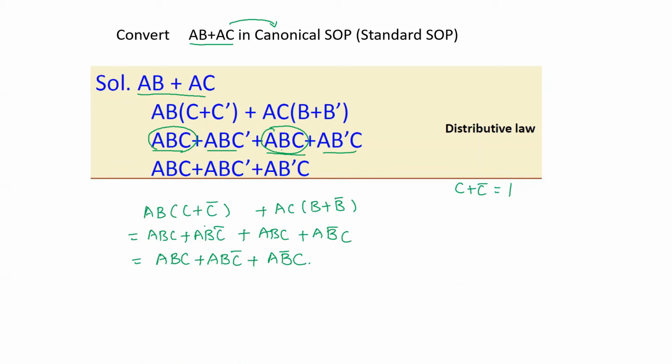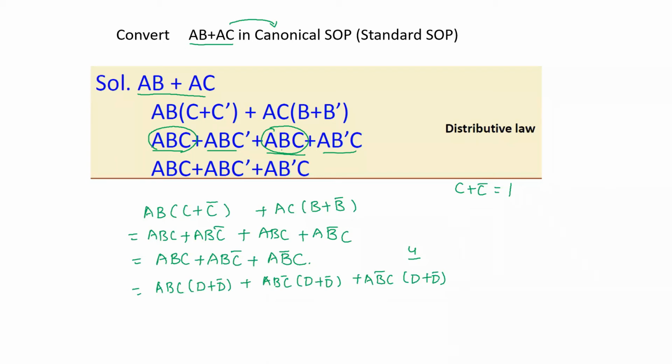Suppose now some of you might be asking how to convert this into a 4 variable expression. In 4 variable, it's quite simple. You are supposed to just add D plus D bar here also, because variable D is missing. So it will be ABC times D plus D bar, and AB bar C times D plus D bar.